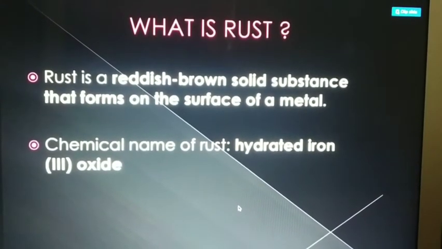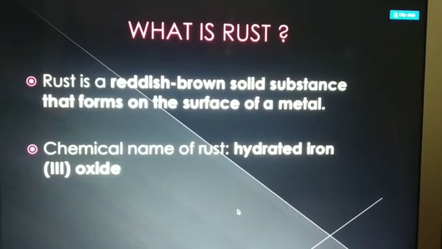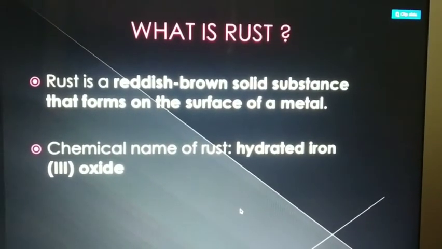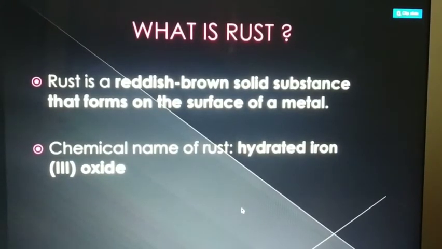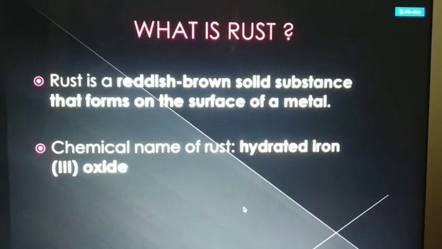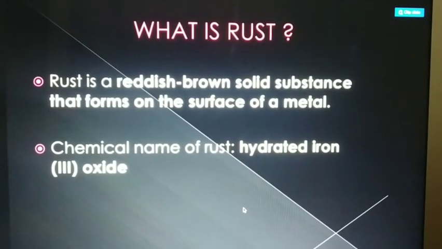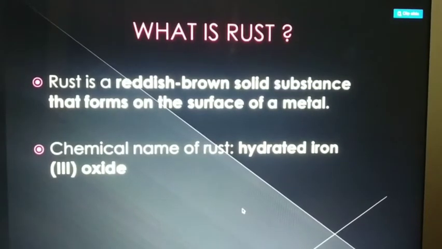And by metal, what are we denoting? Iron or its alloys. Now you can see that the formation of brown powdery material on the surface of iron in the presence of moist air, we call it rusting of iron.